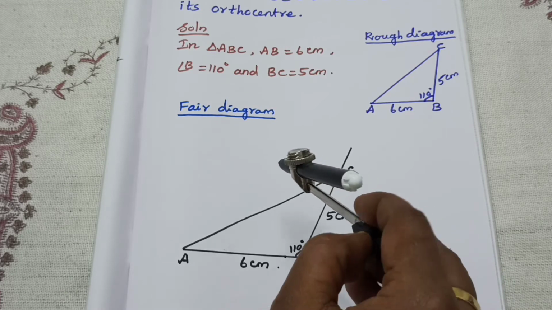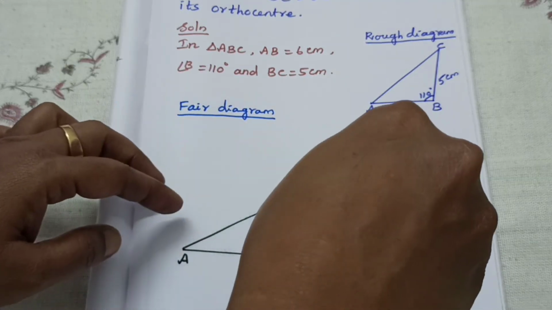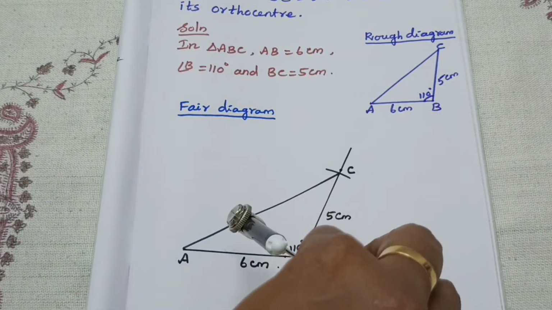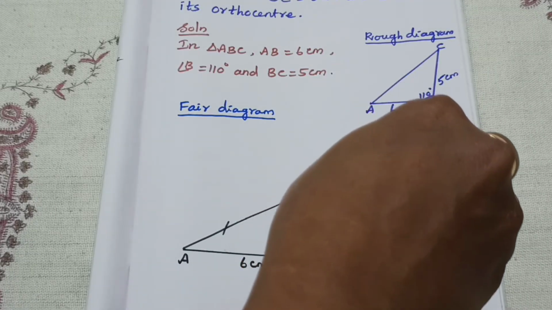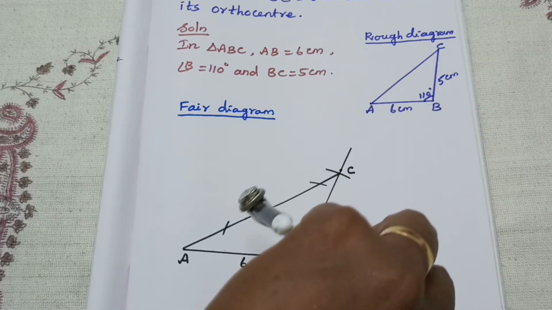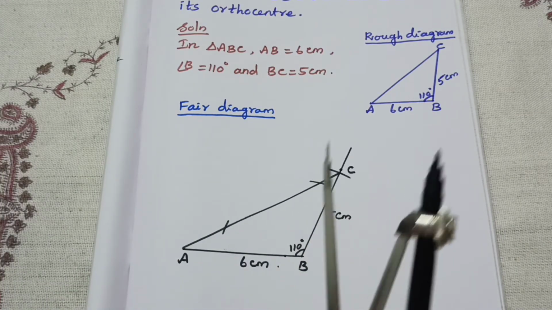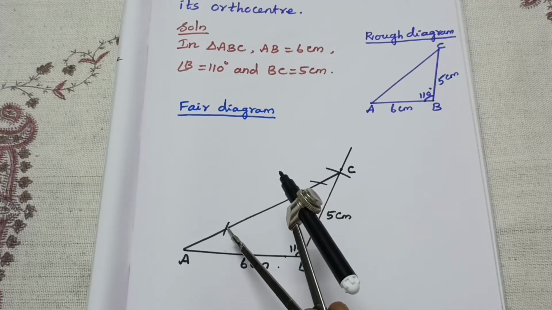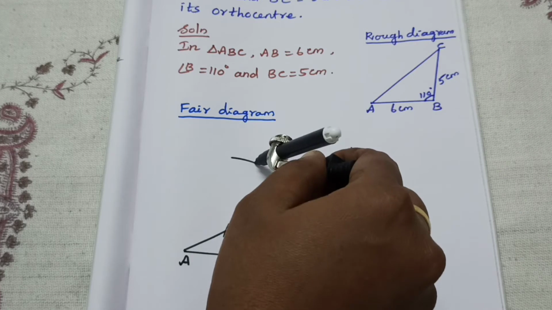From vertex B, we have to draw two arcs on the opposite side. The opposite side is AC, so on line AC we have to draw two arcs. Keep the same measurement at this point, then draw the arc.